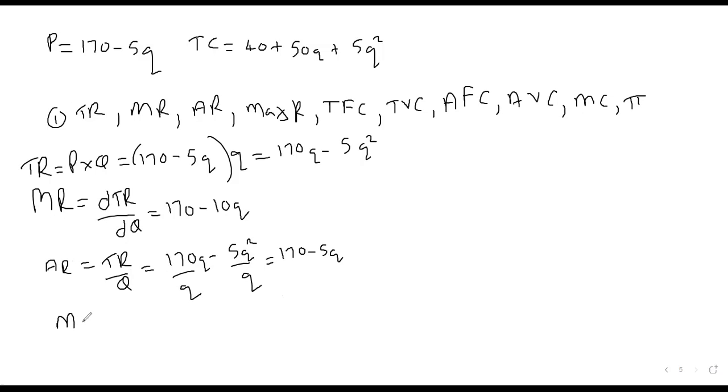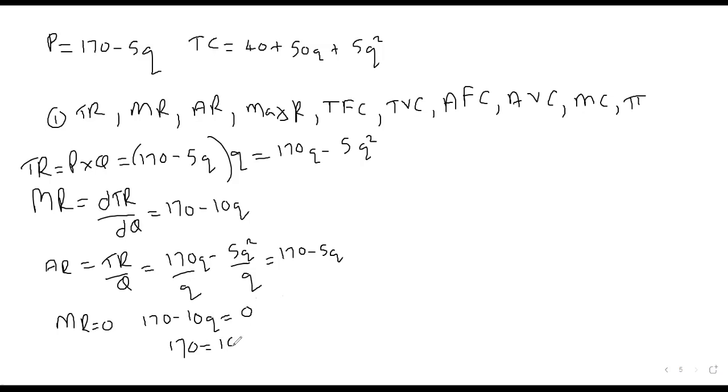To maximize revenue, we equate the marginal revenue to 0. To minimize cost, we equate the marginal cost to 0. Maximize profit, we equate the marginal profit to 0. Anything marginal equated to 0, we are optimizing. So when we take this side, we're going to have 170 is equal to 10Q.